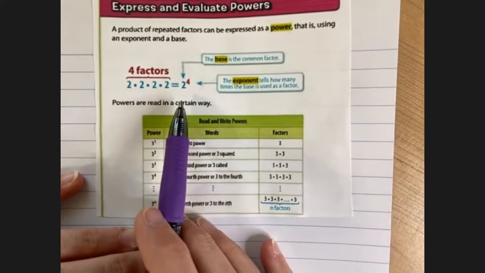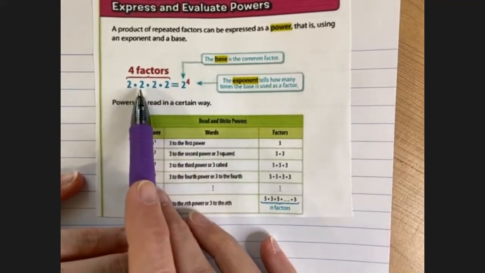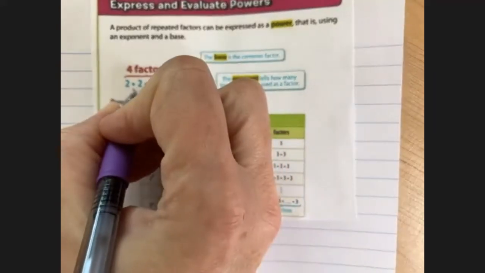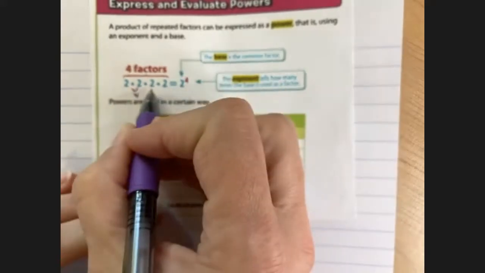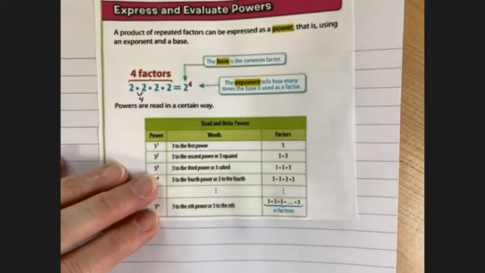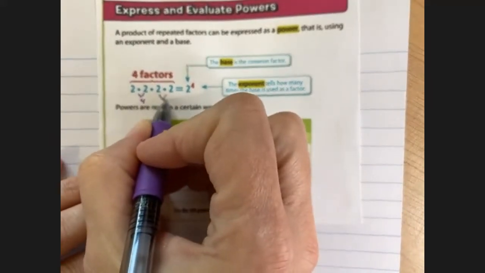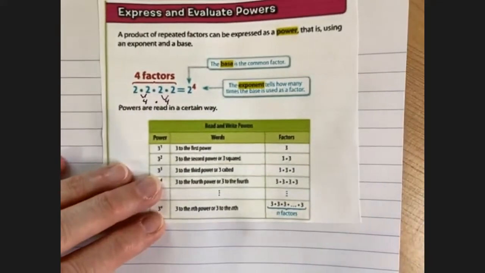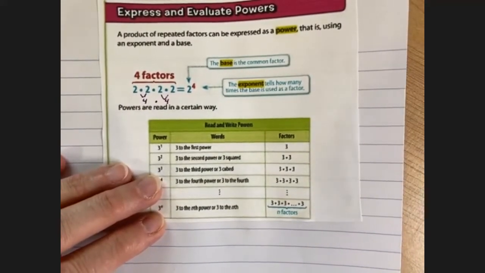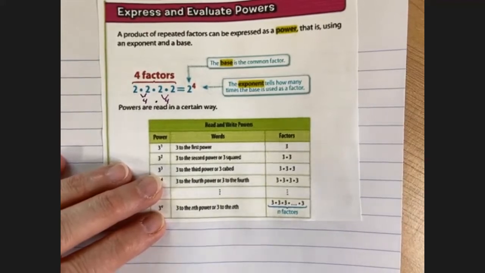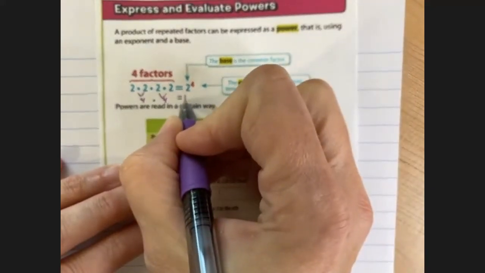Well, no. Because 2 times 2 here gives me 4. And this 2 times 2 right here gives me 4. And 4 times 4 doesn't give me 8. 4 times 4 actually gives me 16.